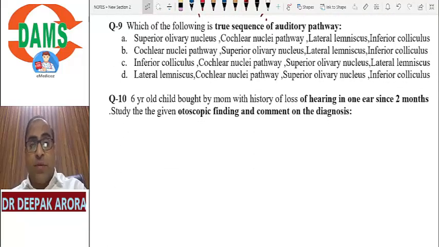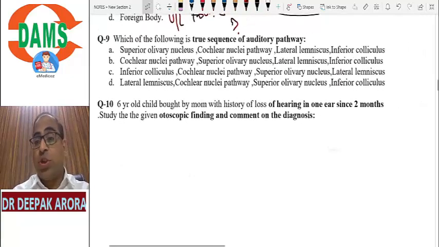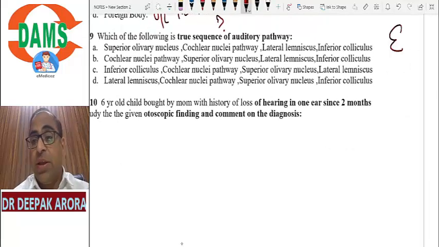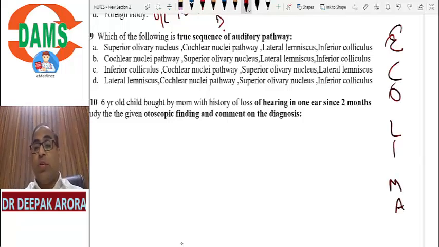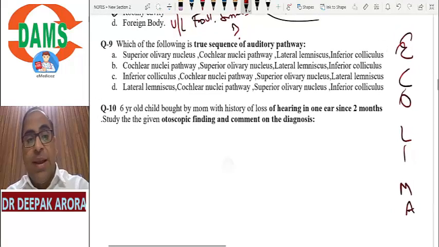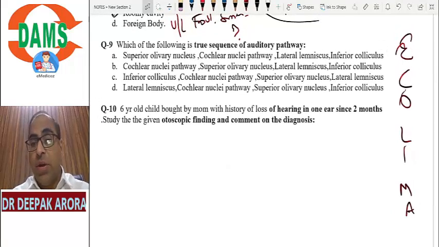Next MCQ: which of the following is the true sequence of the auditory pathway? A very important potential question, and it can be repeated again. ECOLIMA: Eighth nerve, cochlear nucleus, olivary nucleus, lateral lemniscus, inferior colliculus.